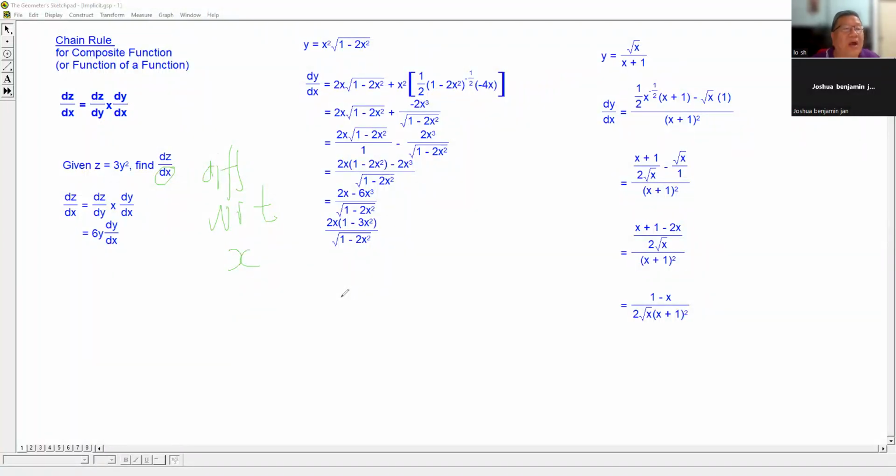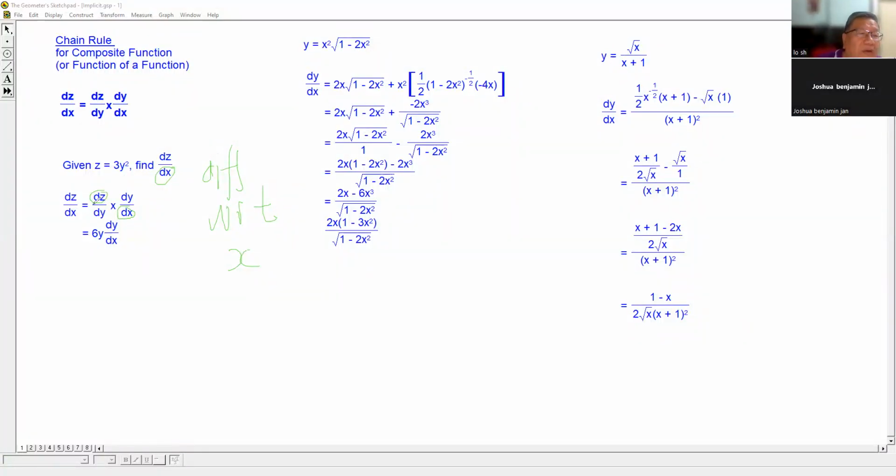Okay, right. So I explained to you how to differentiate. You want to find dz over dx, so you write down dz over dx. Using the chain rule, this will be z, this will be x, because I want to find dz dx, and dx means differentiate with respect to x.